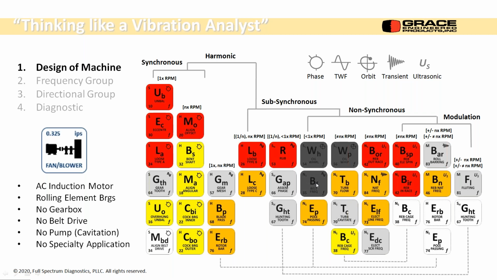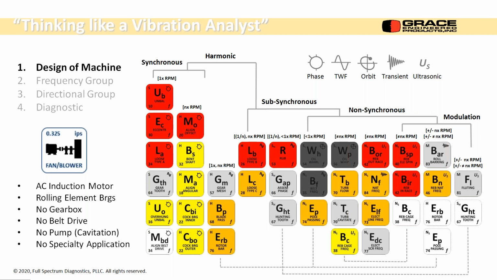They come off the table. It's not a pump, it's a fan, so cavitation won't be a problem. It's not a specialty machine, so roll barring is a special modulation type fault. So I've dropped a lot of stuff off. I think I'm down to 23 different faults instead of 35.